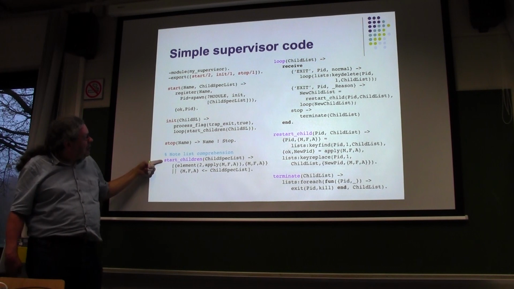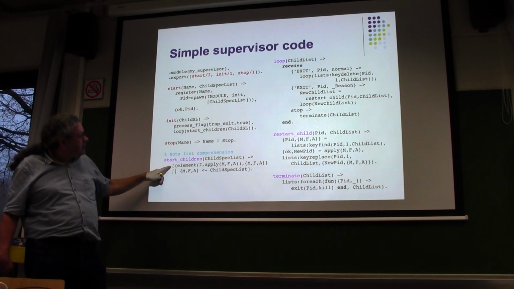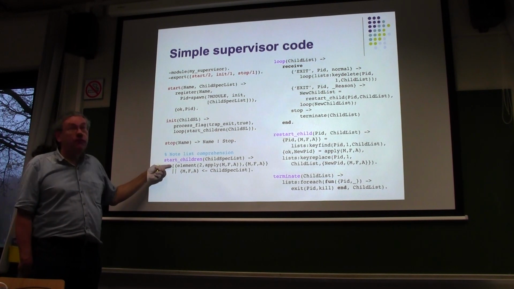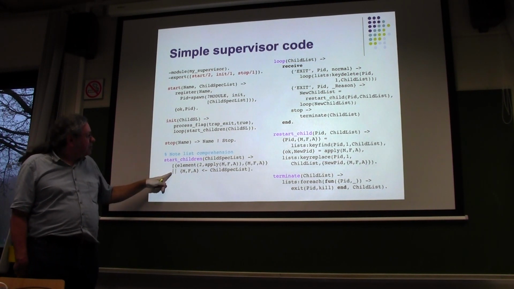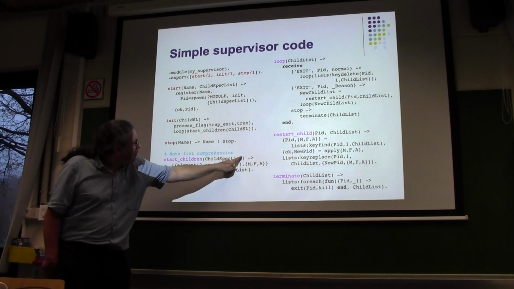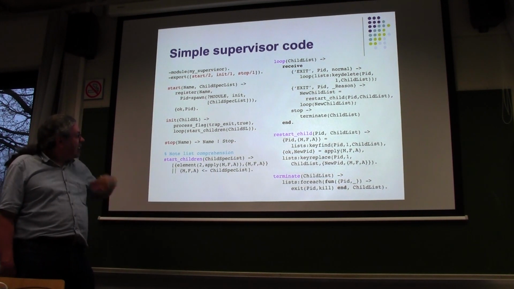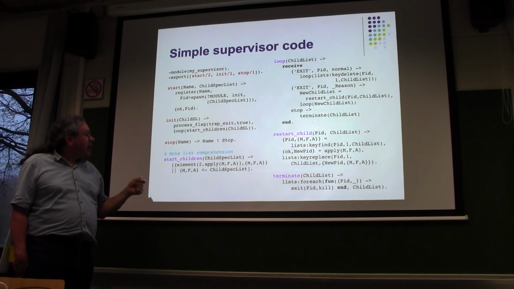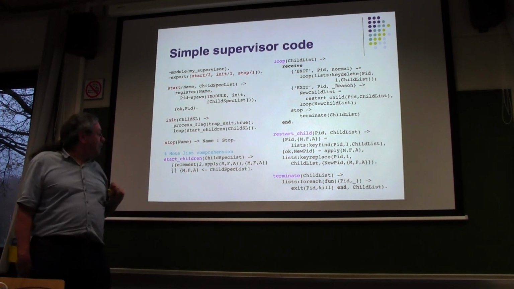So start_children here, what it does is, so this is a very compact kind of Erlang code. This is a list comprehension. This will take this list here, child spec list. It will create a new list. For each element of child spec list, it will do something.